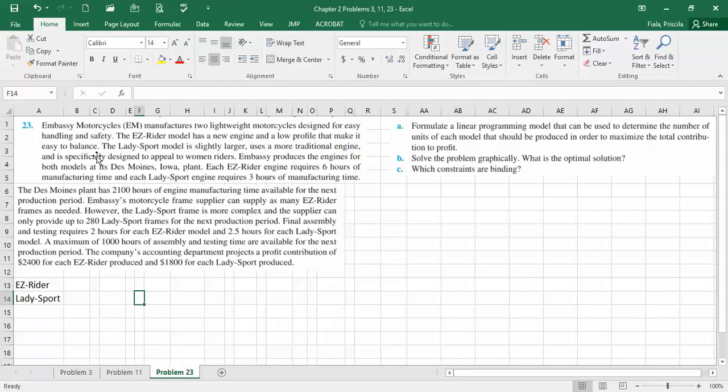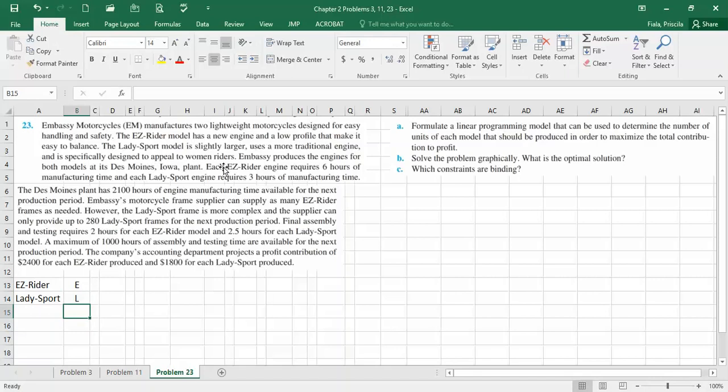Okay, right there, we're just defining that we have two different types of motorcycles, correct? So the best way, well, we could call them A and B, or we could call them X and Y. But since we have Easy Rider and Lady Sport, we can also call them E and L. So our variables are going to be E and L. Okay.